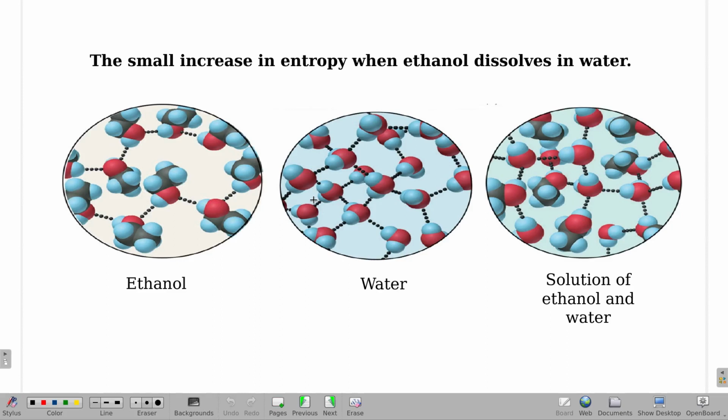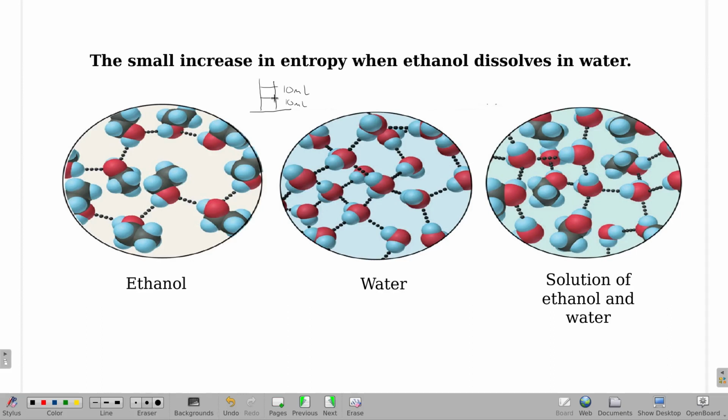Same thing happens when two liquids mix. Now this one's a little bit easier to see if we think about it in a beaker or a graduated cylinder. If I put 10 milliliters of ethanol into a container, and then right on top of it I put 10 milliliters of water, technically that 10 milliliters of ethanol now has more volume to move in, because they're going to mix, they're able to interact with each other, and they are not going to separate.